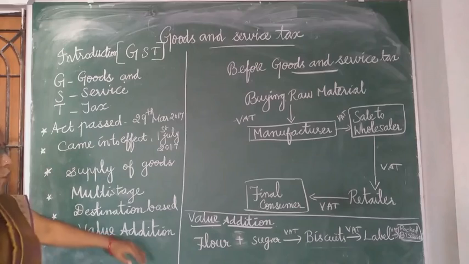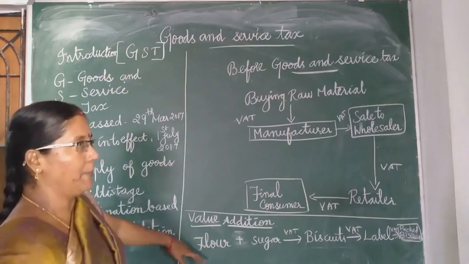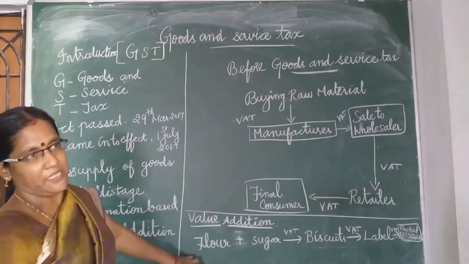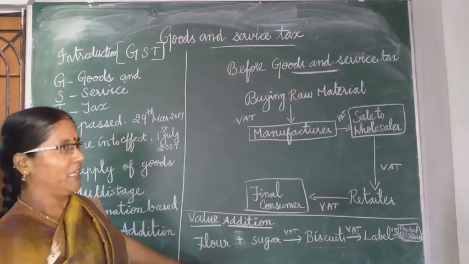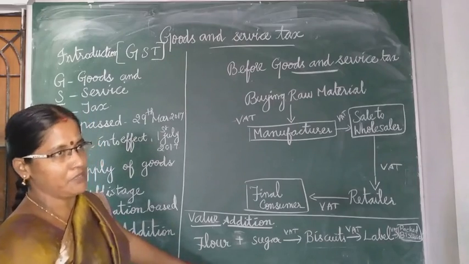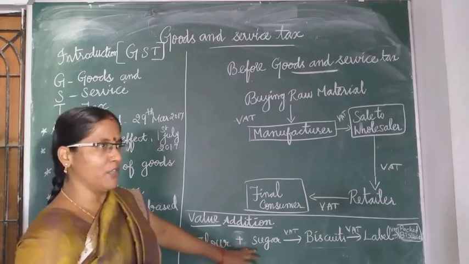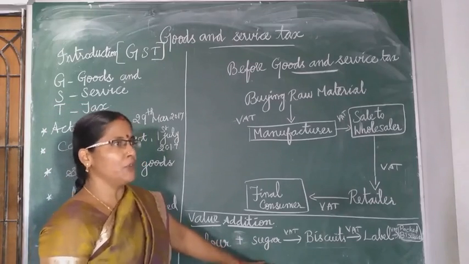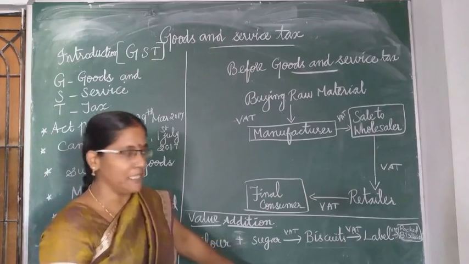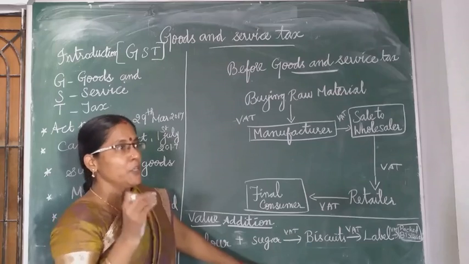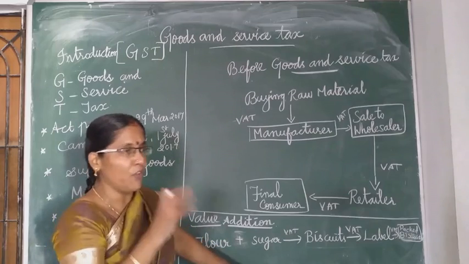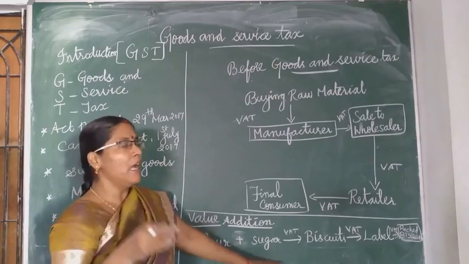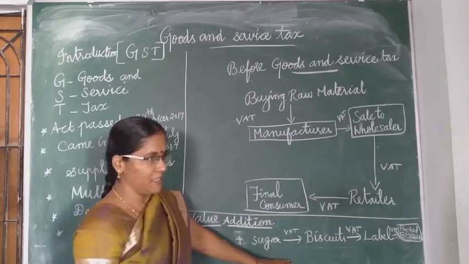this is an example, a manufacturer who makes biscuits. You can take a biscuit manufacturing company who makes biscuits from flour and sugar and other materials also. So the value of input is increasing, isn't it? When the sugar and flour are mixed, it will be baked, so many processes will move on and it will become biscuits.